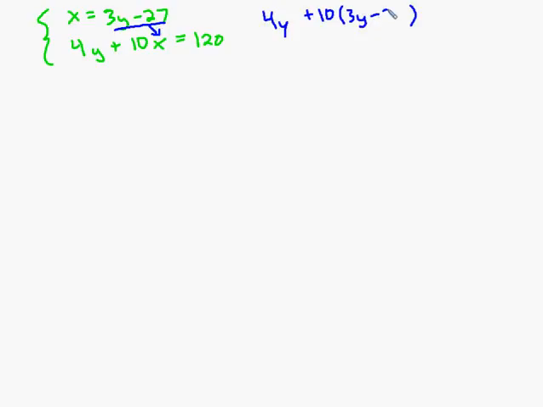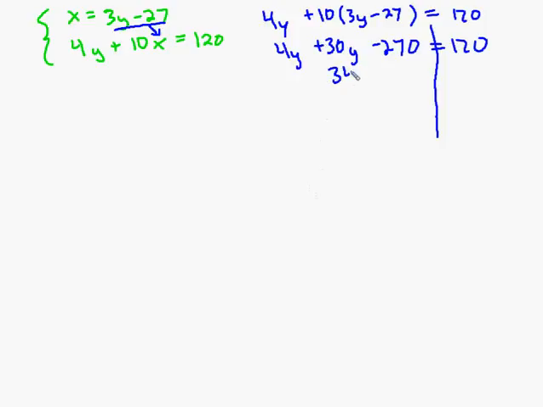38y minus 27, and that equals 120. Now I will have to distribute that 10, so I go ahead and do that. I can combine my like terms, so I get 34y.